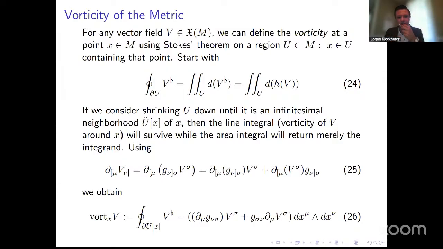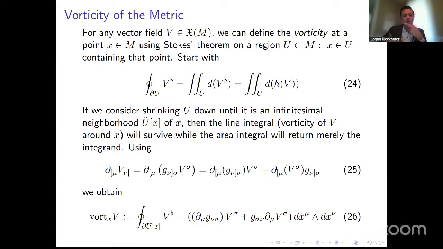And that's effectively just using, if we want to talk about the vorticity of a vector field at a point, we compute the line integral of the lowered vector field around that area. And then just doing the formal stuff: if you shrink down the neighborhood you're considering to a point, the line integral will stay, but the area integral will just return the integrand.